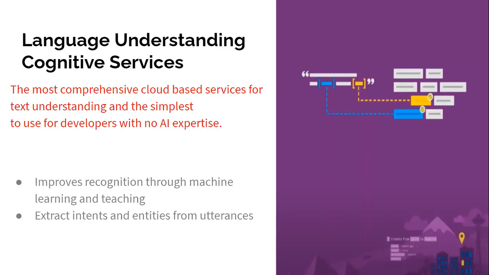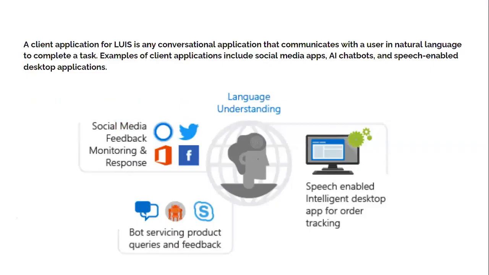So in order to use Microsoft LUIS, you need not have any prior knowledge of AI. It basically takes input and trains on the data in the form of intents, entities and utterances.